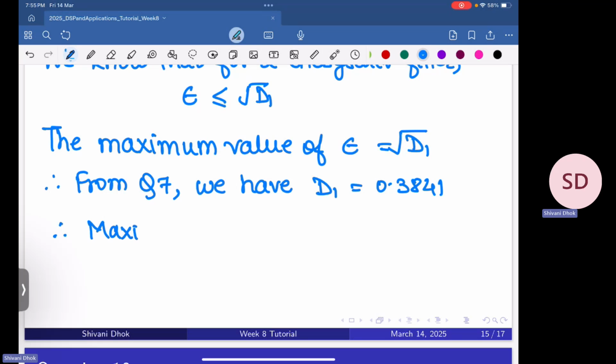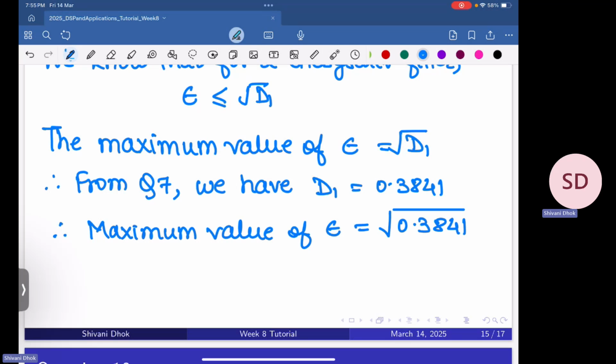Therefore, the maximum value of epsilon is under root of 0.3841, which is equal to, if we use calculators, we can find that this comes out to be equal to 0.61975. Is it clear?